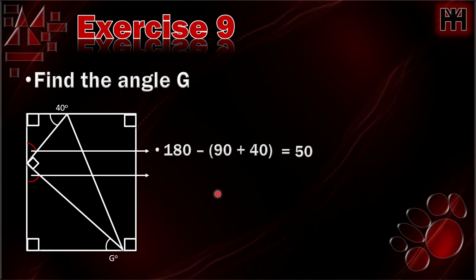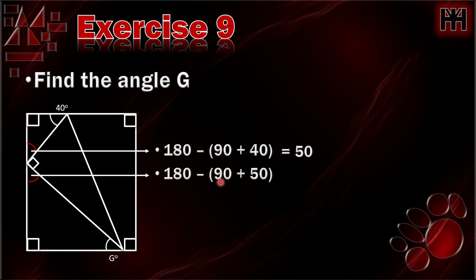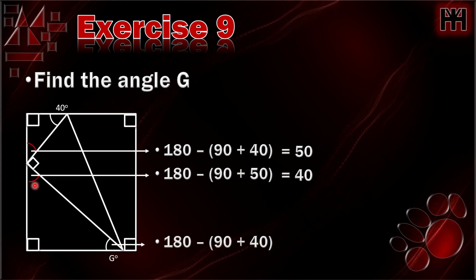So this angle will be 180 minus 90 plus 50, so it will be 40. Finally, to get G, we have 40 here and 90 here. So 180 minus 90 plus 40, so the angle will be 50.